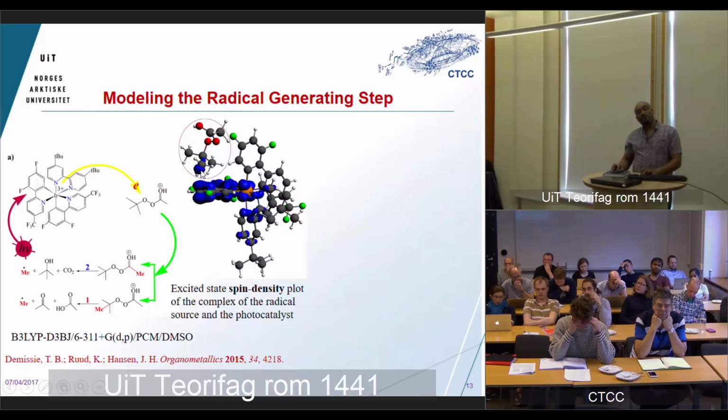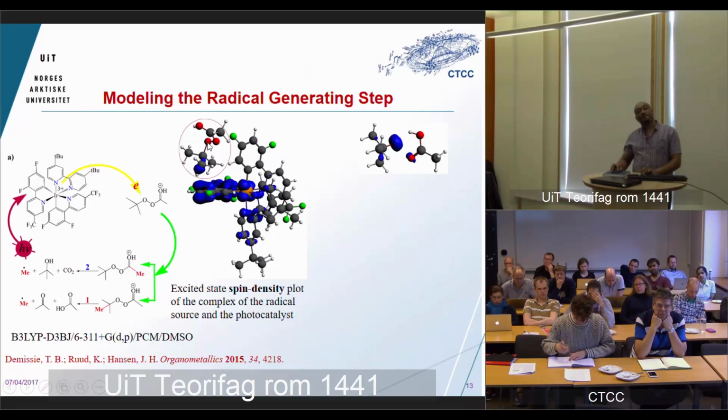If we slightly or gradually separate the radical source from the photocatalyst after getting the electron from the iridium catalyst, the spin density completely populates on this oxygen atom, the oxygen atom that is closer to the t-butyl group. And after having this unpaired electron on this oxygen atom, you can easily break the carbon-carbon bond.